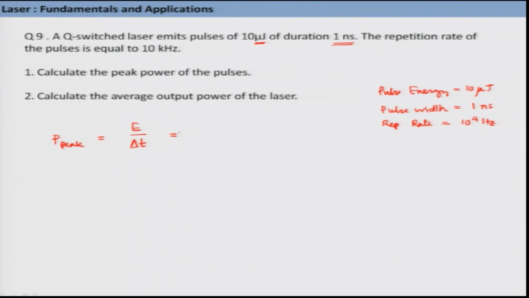So, here what we have is 10 microjoule, right, divided by pulse width of 1 nanosecond. So, 10 to the power minus 9 second.